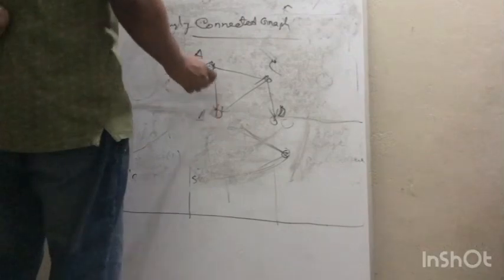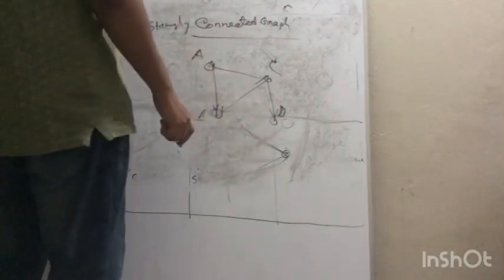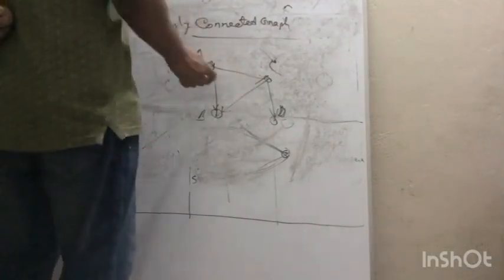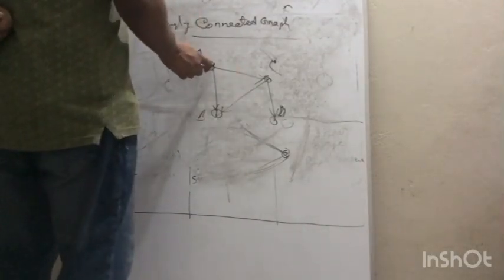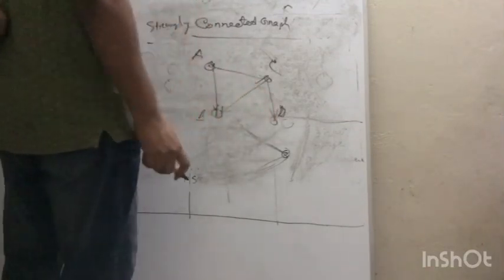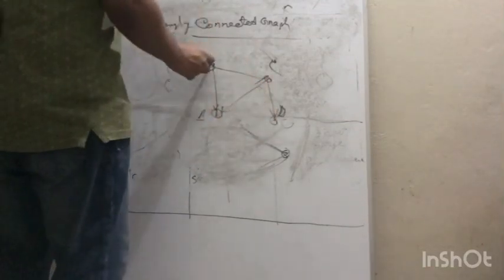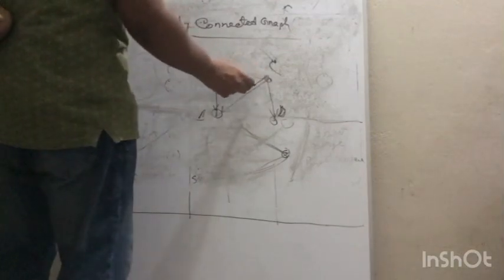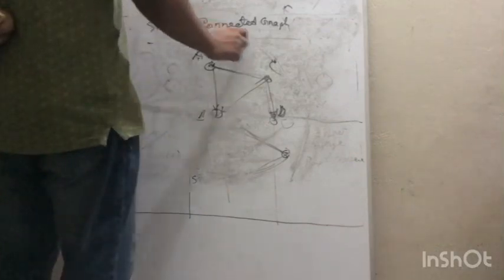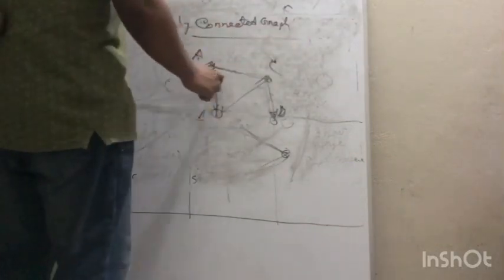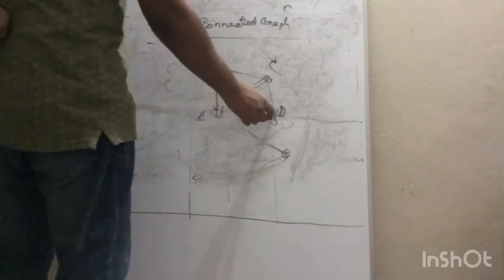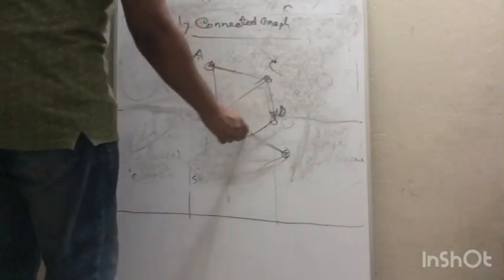If I pick any two vertices, I can reach from one vertex to another and from the other back to the first, a reciprocal relation. Like you can see I can go to C, then D, but from there I cannot reach A. So it is not a strongly connected graph. To make it a strongly connected graph, from D, I can connect it to A.